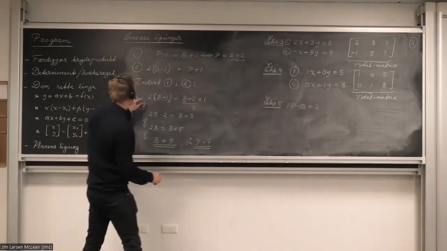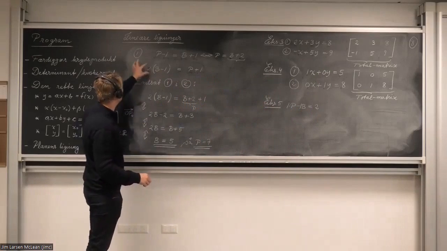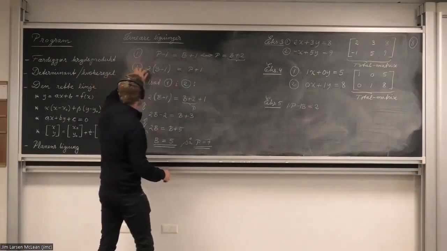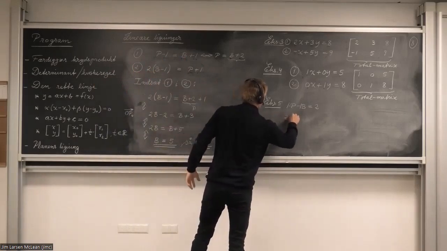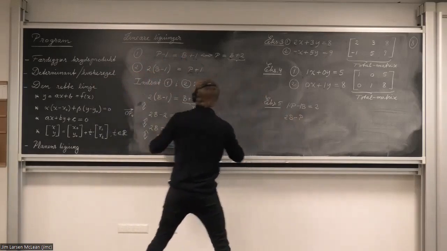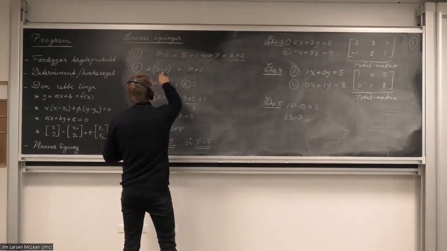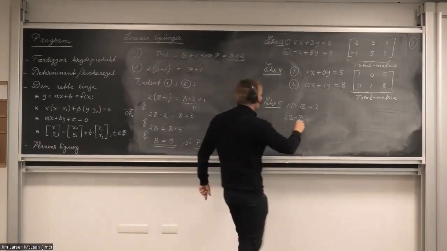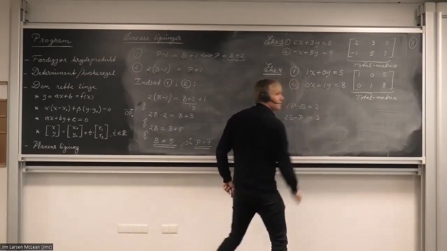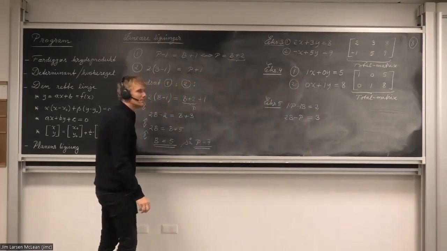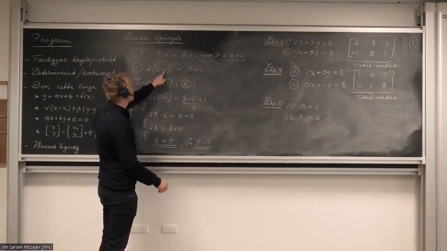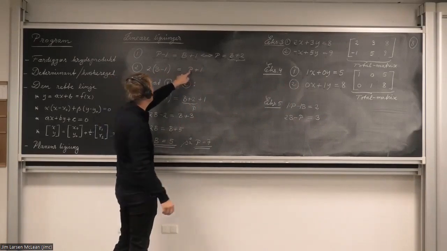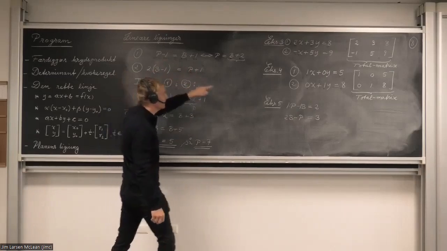Then I'll take the other line, and I write it as 2b minus p. That gives minus 2, which moves over to 3. So it should say 3 over here. Did you get that? So 2b minus 2: I move the minus 2 over to the right as 3, and I subtract p, so I get 2b minus p.